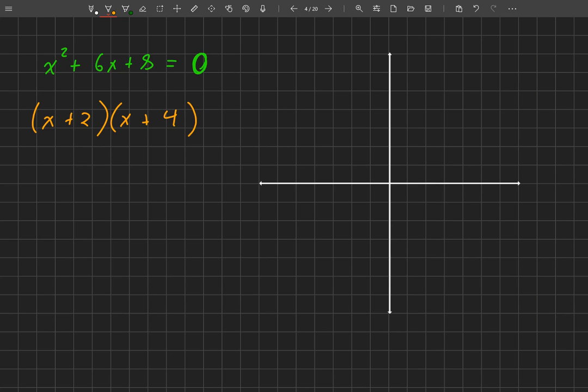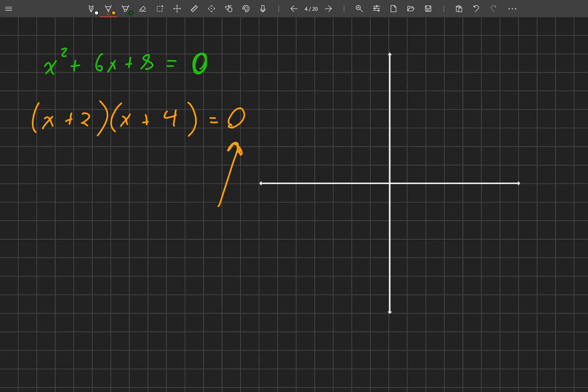But once you factor it and it's equal to 0, ask yourself, what numbers could I plug into here to make this true? Well, this is a number times another number, and when you multiply those together, it has to equal 0. So ask yourself, if I have something times something else and the answer is 0, what does that mean?